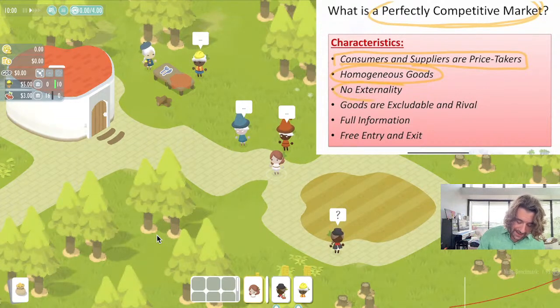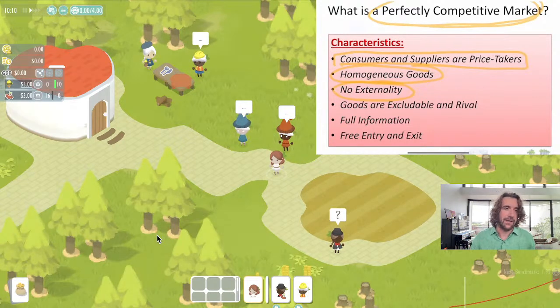There are no externalities, meaning neither production nor consumption has a negative or positive effect on people around. If you eat a red berry, that's not going to have any effect on anybody else in the population. Similarly, production doesn't have a negative or positive effect on anyone.